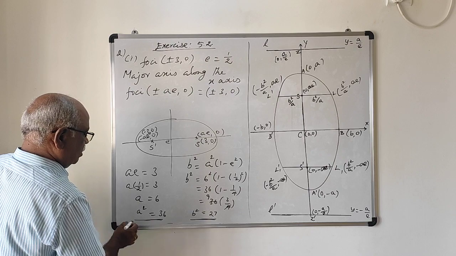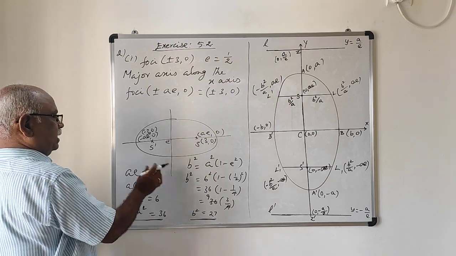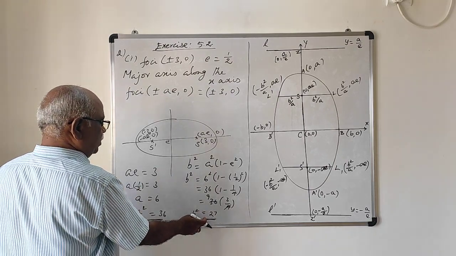That's all. Therefore, the standard equation along the x-axis is x square by a square plus y square by b square equal to 1.